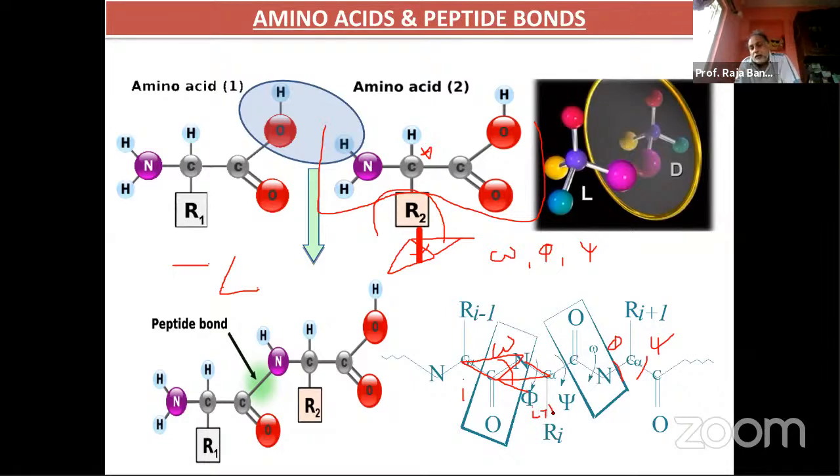So it is the angle between two planes of the I and I plus 1, where the carbonyl C and the nitrogen are the two common points. If we go to phi, then N and C alpha will be the two common points, and the one on the left and the one on the right will be the others.